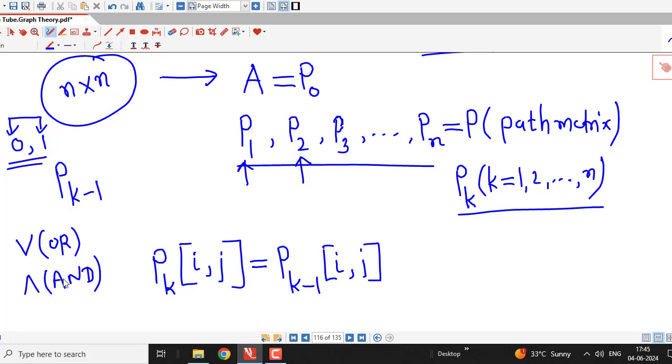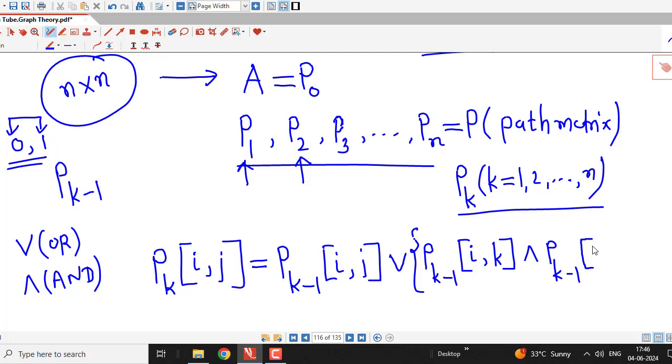So here I am considering the OR operation, and in the bracket I am using the ikth entry of P(k minus 1) AND the kjth entry of the previous matrix P(k minus 1).